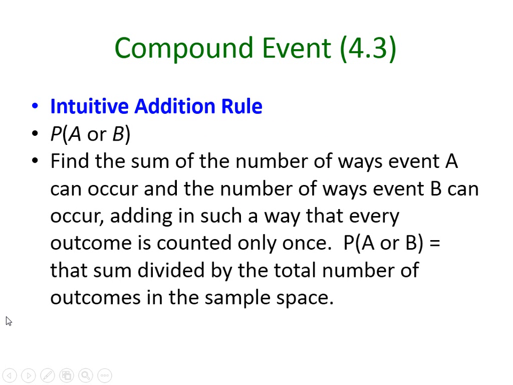So if we were looking back at number 30 again, we're still trying to find the probability they refuse or they're over the age of 59. We know from before that the probability they refused was 156 out of 1205.